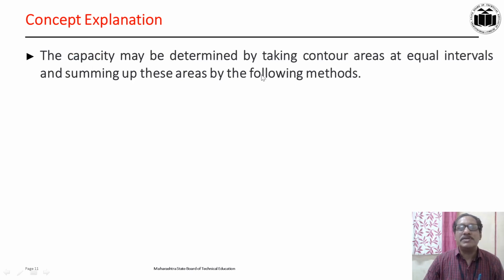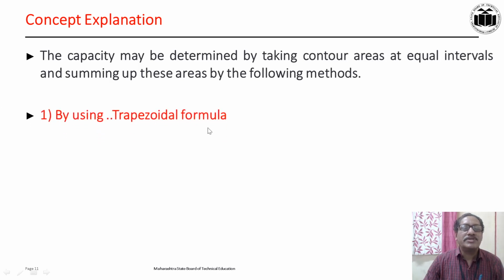The capacity may be determined by taking the contour areas at equal intervals and summing up these areas by the following methods, which can be done by using different formulas.